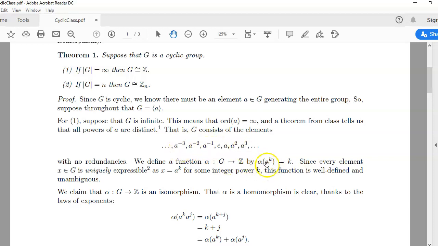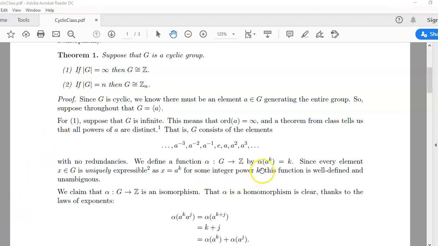Everybody is, and map it to its power, which is k, and that's an integer. And since everybody in G is uniquely expressible as a to the k, this function is well defined, right? This unique expressibility as a power a to the k will not happen in the finite case, and that's why the finite case is harder.